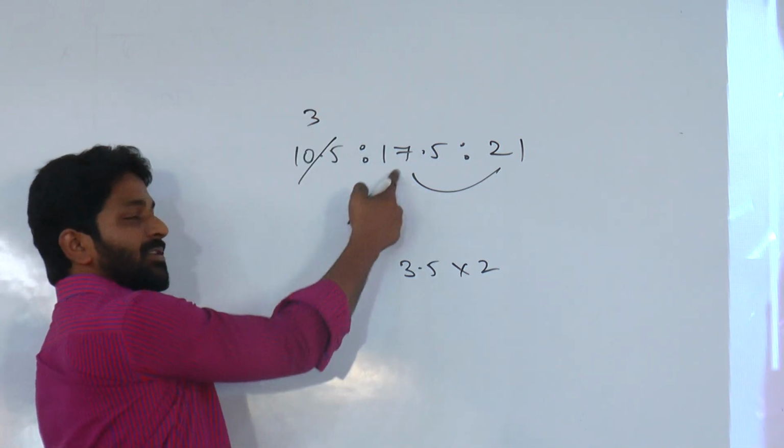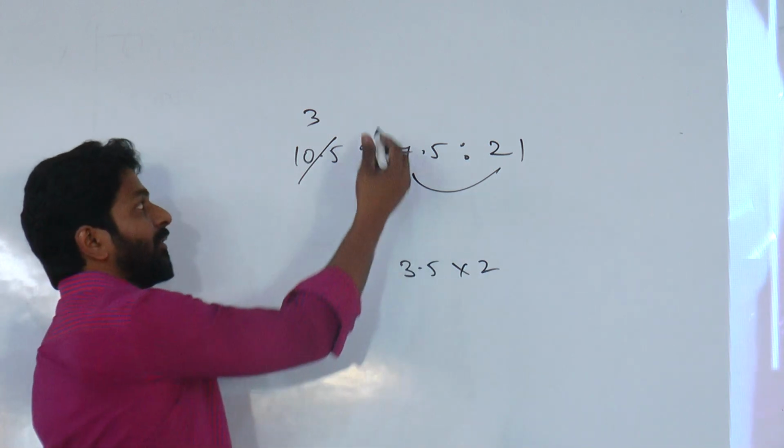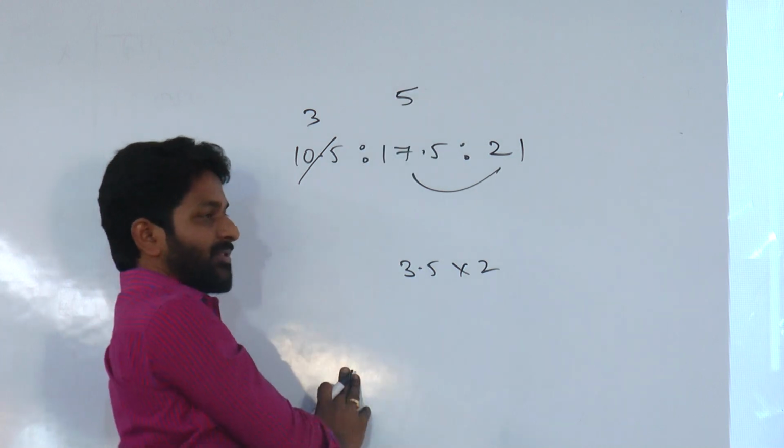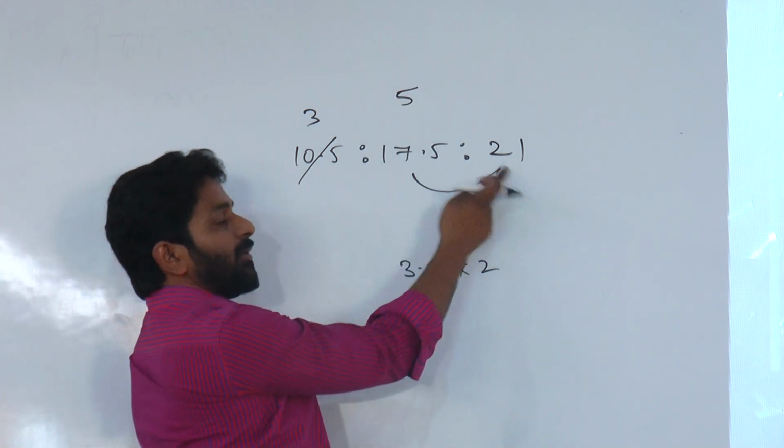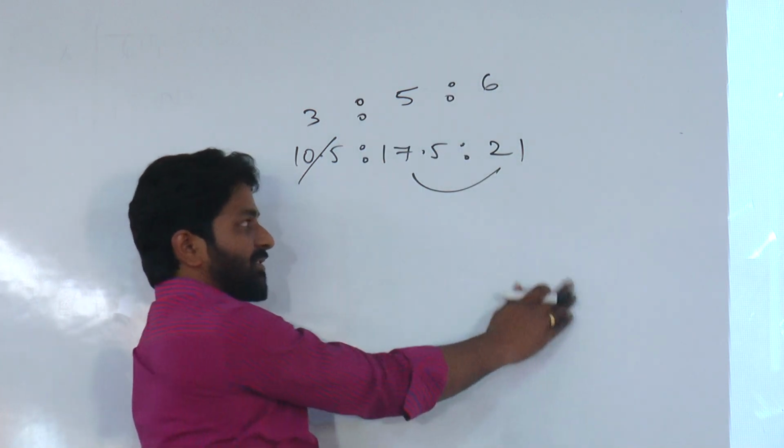Difference between these two numbers, 7, in the sense 2 times more, that will be 5 times. This is just double to this number, 6. Ratio is 3:5:6.